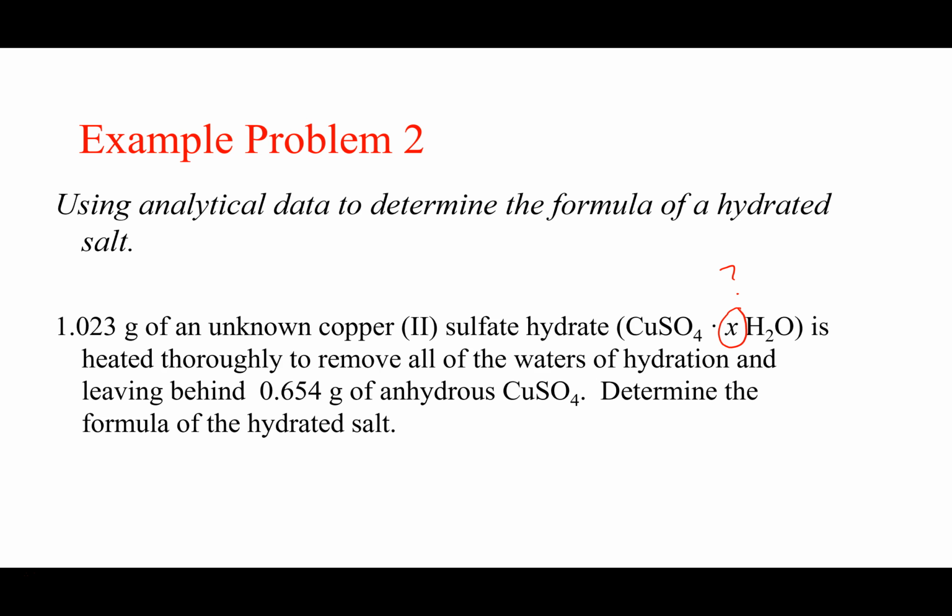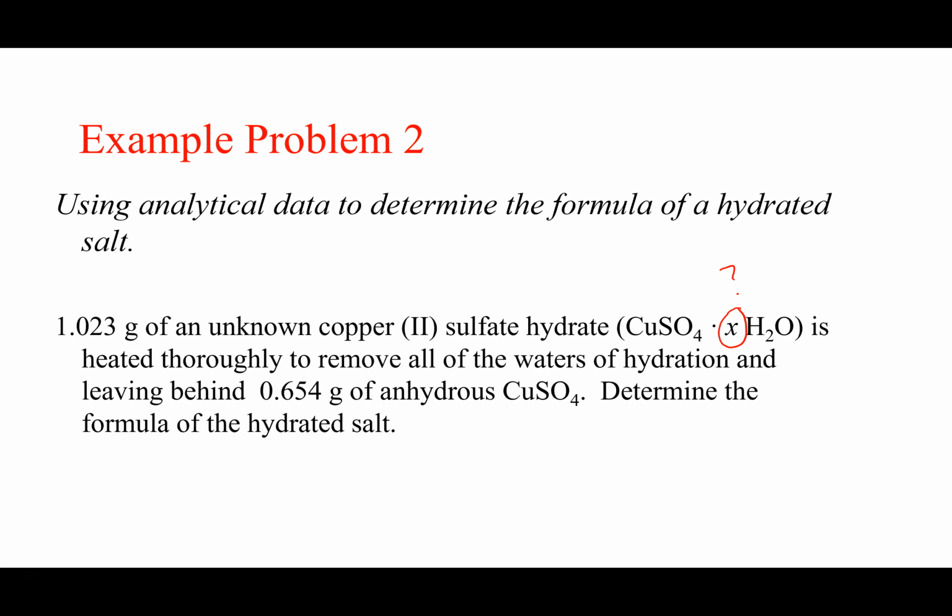So do you see where once we have the mass of this, we can use the molar mass to get to moles of H2O. And we actually can use the molar mass of CuSO4 to get to moles of CuSO4. And once we have these moles, it's a little bit like what you did in your calculations for the magnesium lab.